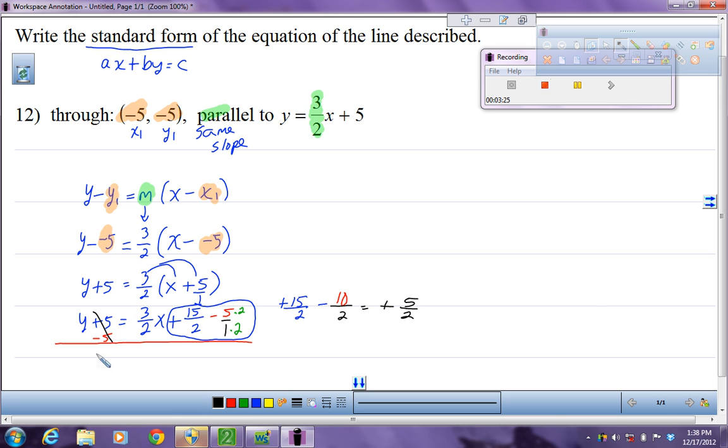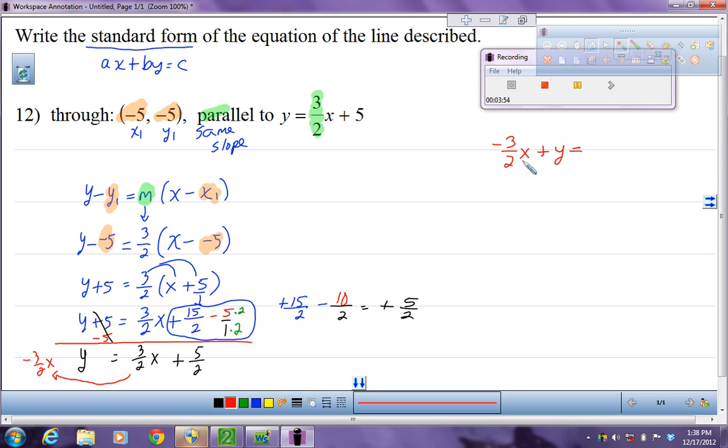So in other words, here you have your y, here you have your 3/2 x, and this whole section becomes plus 5 over 2. But then you have to consider that you want the standard form. So that means I'm going to have to move this 3x over here so it becomes -3/2 x plus the y.